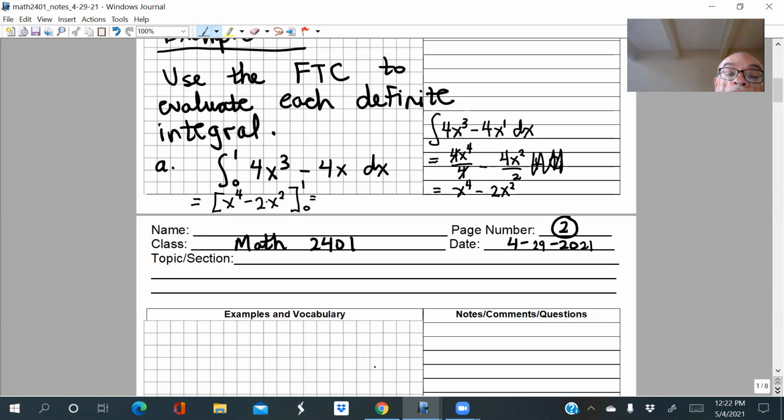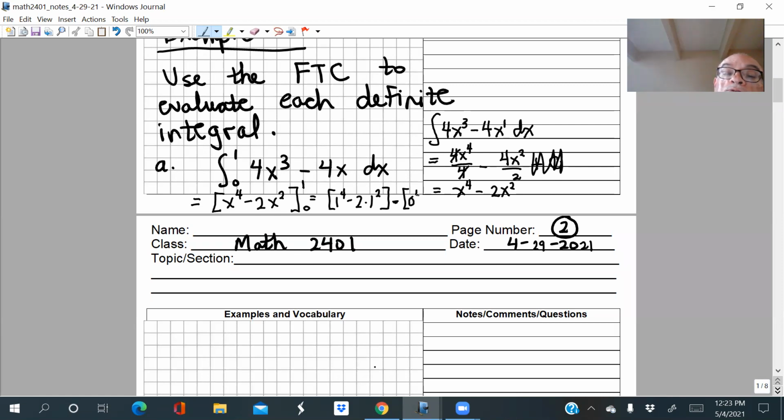I'm going to plug the 1 in for the x. What happens when you plug 1 in for x? You get 1 to the fourth minus 2 times 1 squared. I'm going to calculate that, and then subtract off what I get when I plug 0 in for x into the antiderivative.